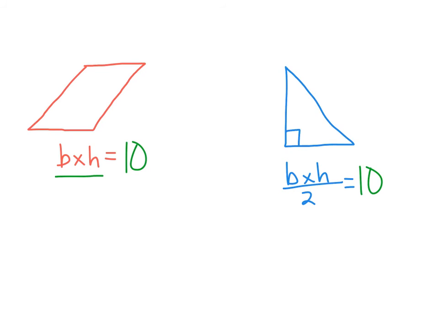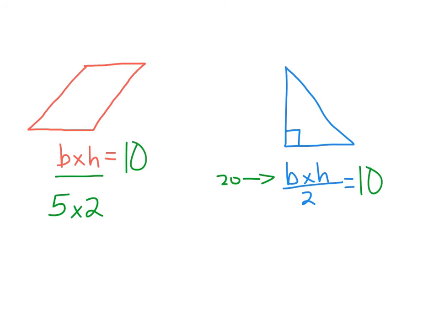Over here, base times height being 10 would mean that my base and my height would have to be a 5 and a 2, right? So over here, I put base and height as something divided by 2 to equal 10. So I would need that top section to equal 20. So now over here, my base times height would have to be two numbers that equal 20.